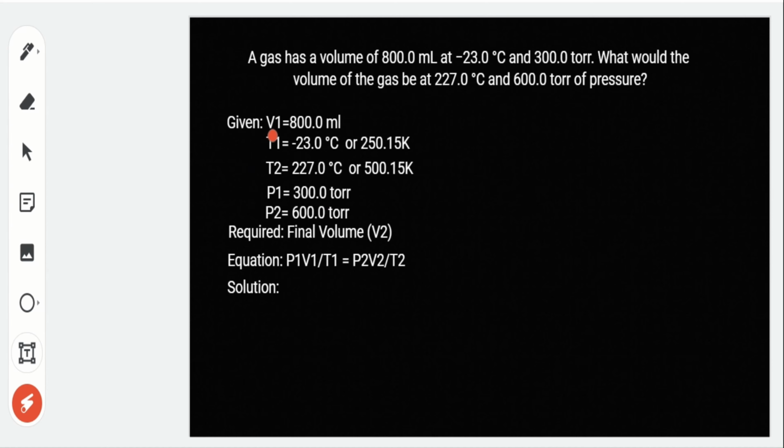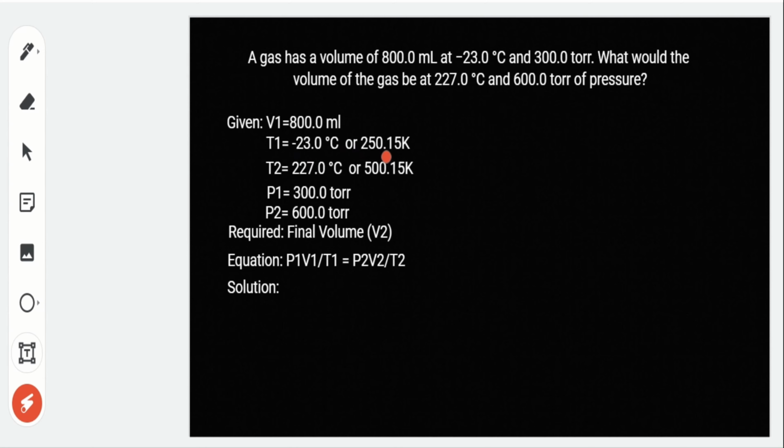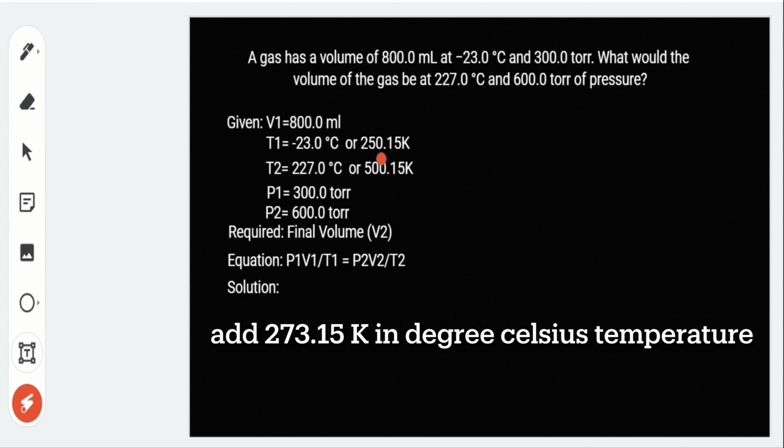We have our initial volume, which is 800 milliliters. We have the initial temperature, which is negative 23 degrees Celsius, but here we already converted it into Kelvin, where we add 273.15. So we have 250.15 Kelvin as our initial temperature. For our final temperature, we have 227.0 degrees Celsius.